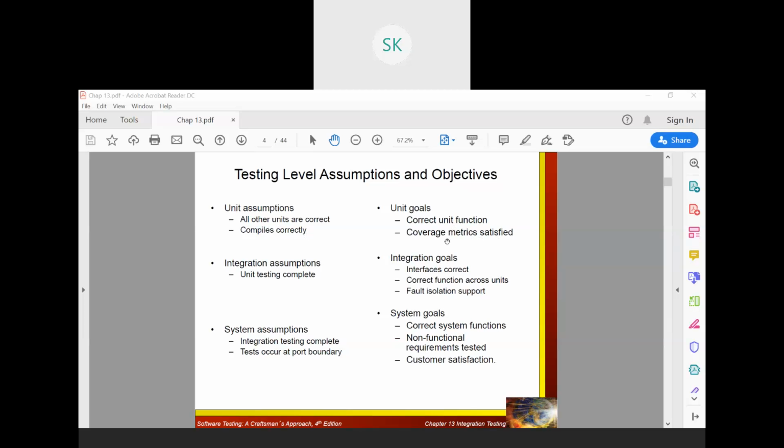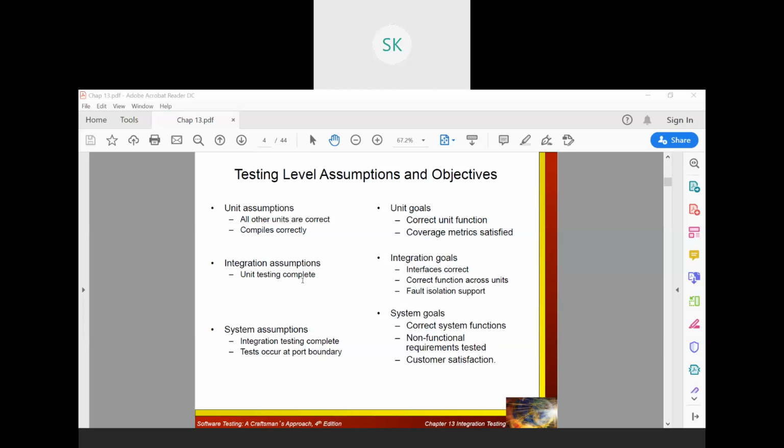That means in all the areas, everywhere, you'll be going through with respect to the data flowing properly. Integration assumptions: unit testing should be completed. Before applying integration testing, you need to assume that all the unit testing should be completed. Wherever the metric needs to go, everywhere the data should flow, everything should be recorded properly.